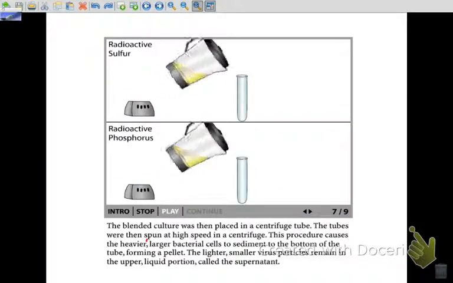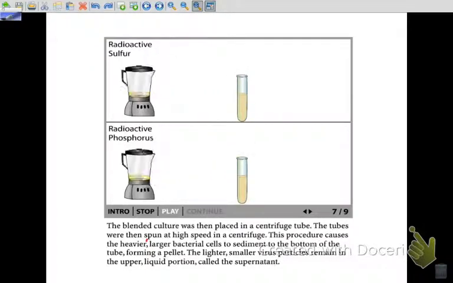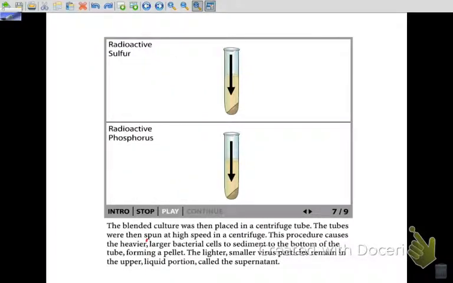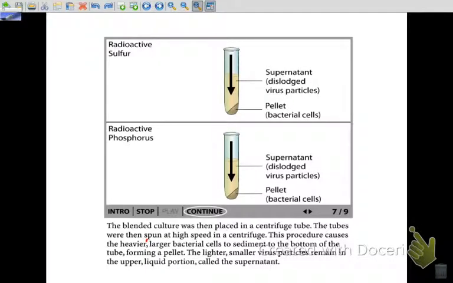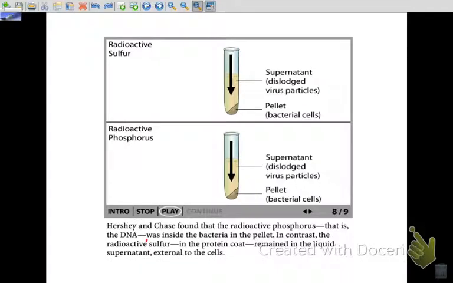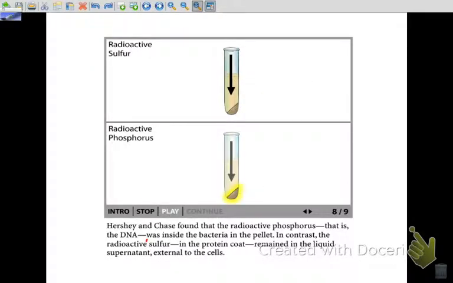And so then they poured the blender stuff into the test tube. And the cells went to the bottom of the test tube. They're called pellets. The supernatant, which was the liquid and the viruses, was the liquid part on the top. And then we needed to see what was radioactive. If the bottom was radioactive on this bottom one, then we knew that the phosphorus, the DNA, was down here.